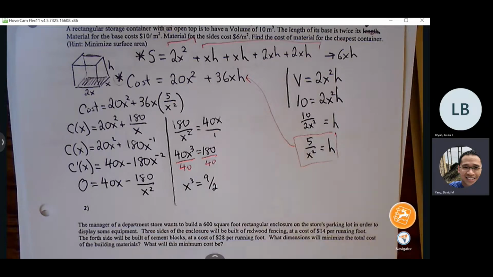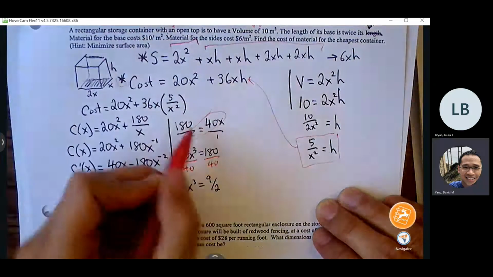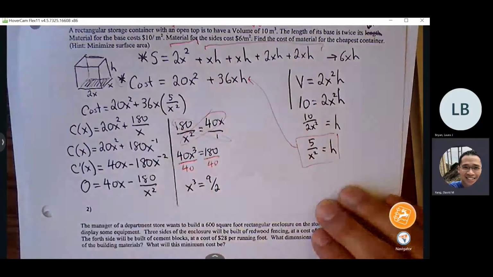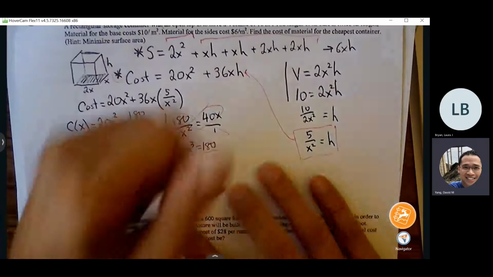I cross multiply here. So now I'll take the cube root.